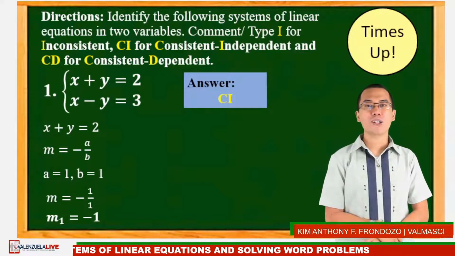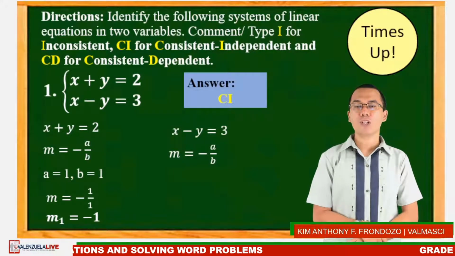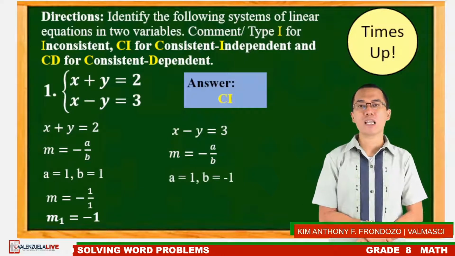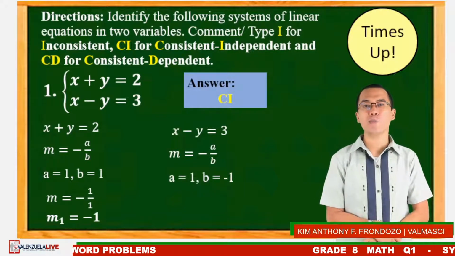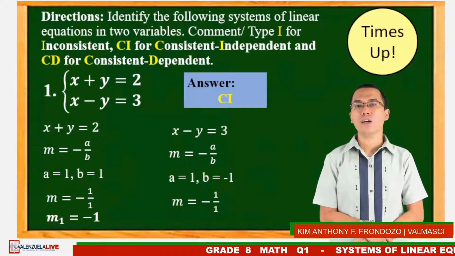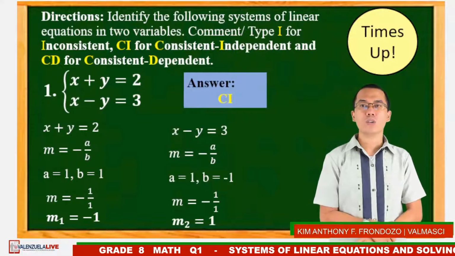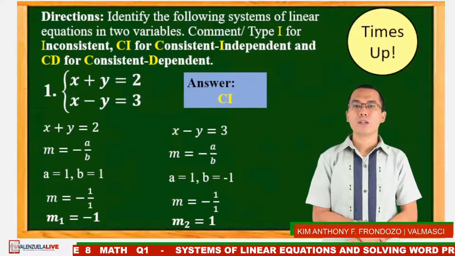For the second equation, x minus y equals 3, m is equal to negative a over b, since a is equal to 1 and b is equal to negative 1. Therefore, m is equal to negative 1 over negative 1. So m sub 2 is equal to positive 1.